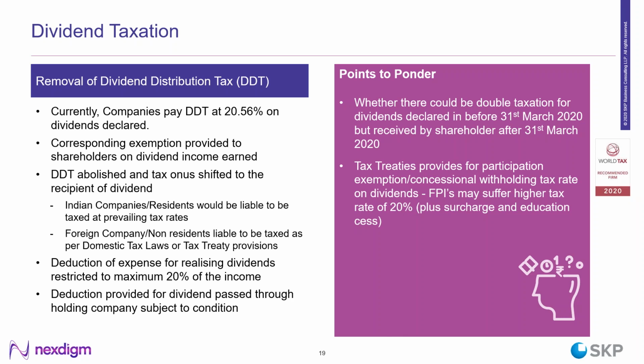And there was a demand by the industry for removal of this dividend distribution tax. So now this budget proposes to remove it, and whatever dividend is declared now would be taxed in the hands of the shareholder, as per the respective rates applicable to the shareholder.